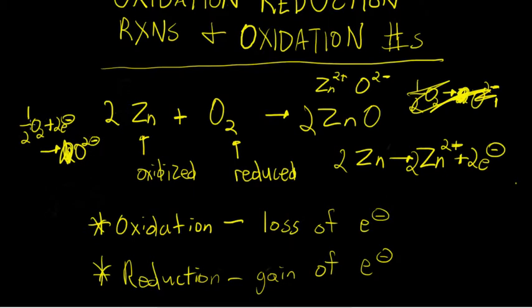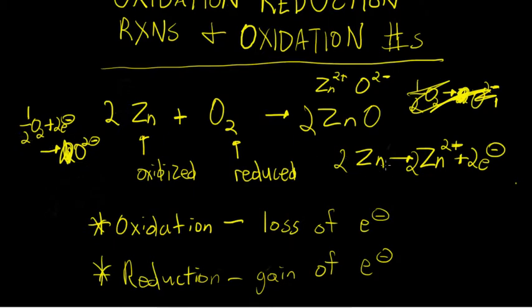So that means that this neutral oxygen molecule must gain 2 electrons, right? And so this reaction is split up into 2 half reactions: the oxidation of zinc, so the loss of 2 electrons in zinc, and the gain of 2 electrons in oxygen.